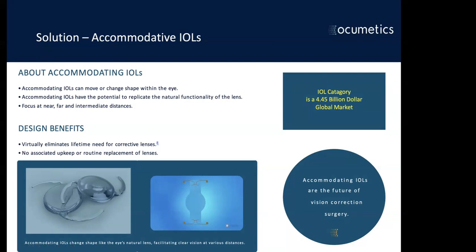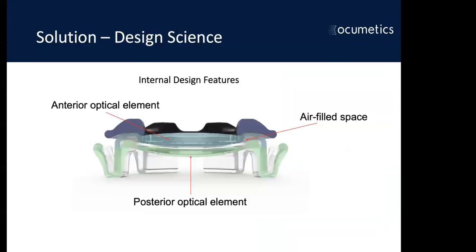Well, that system didn't work really well because not all muscles and attachments work the same. So everyone has been in this unbelievable pursuit of the Holy Grail, which is a true accommodative lens. Well, Ocumetics, in my opinion, has hit a home run. Now, I mentioned in my opening salvo that I was retired from Alcon.